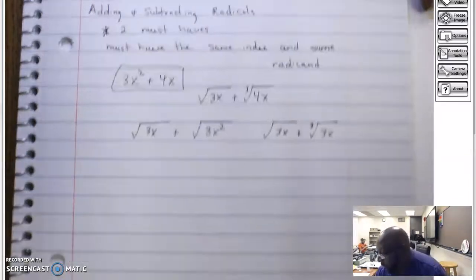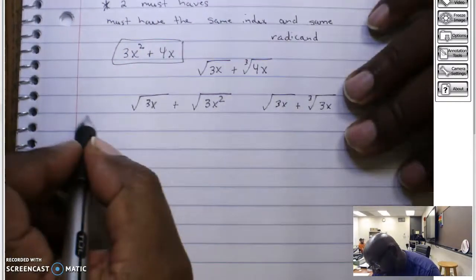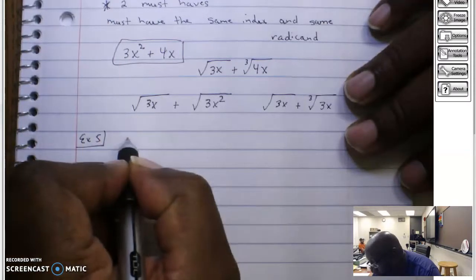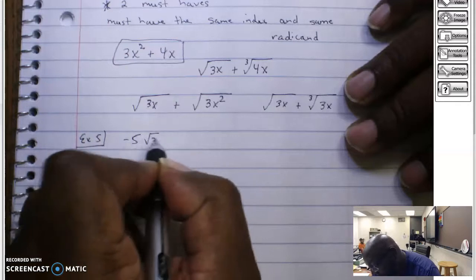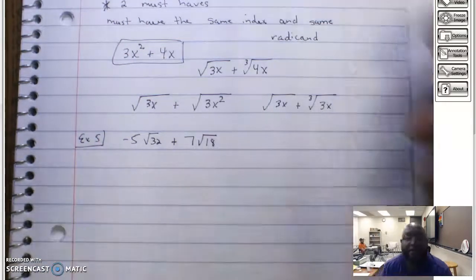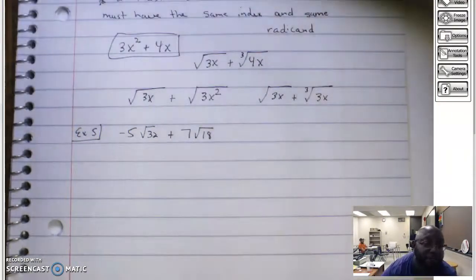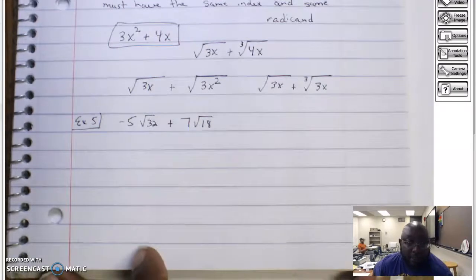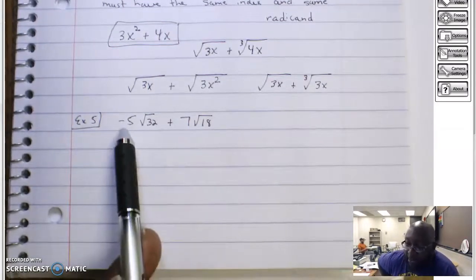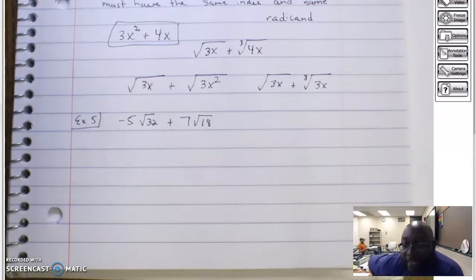So if we take an example, and this is example 5. Some key components. The first thing I want you to pay attention to is this. Just like in the previous problems, I have -5 times the square root of 32 plus 7 times the square root of 18.